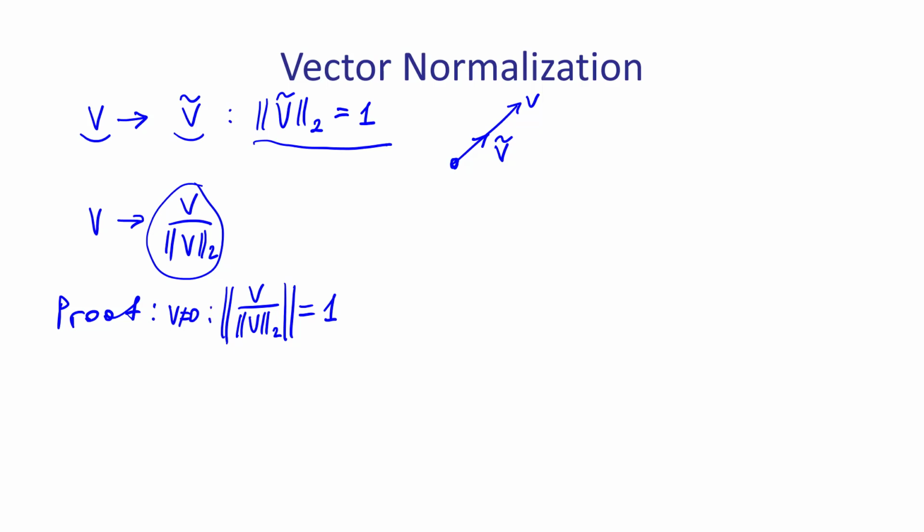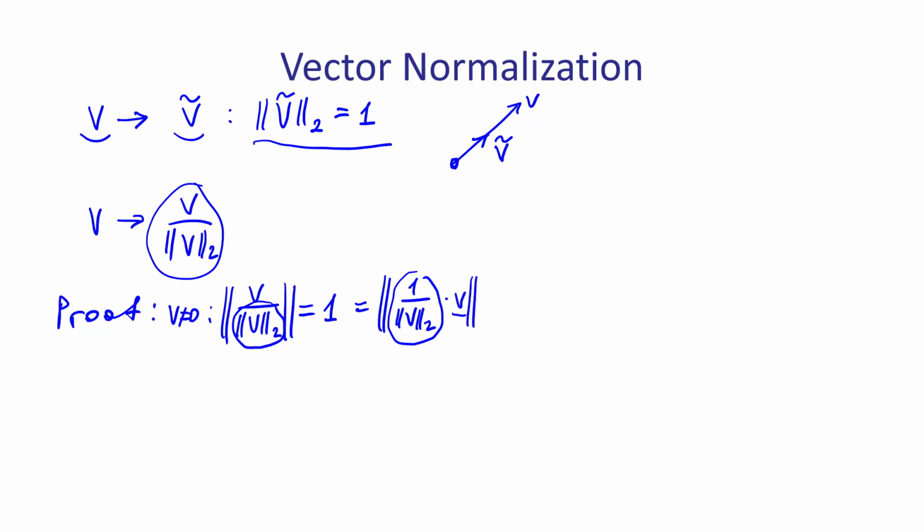Why is that? Look, 1 over the norm of v is a scalar. So you can write it the following way: 1 divided by the norm of v is just some given number multiplied by the vector v. So it's a scalar here multiplied by a vector here.